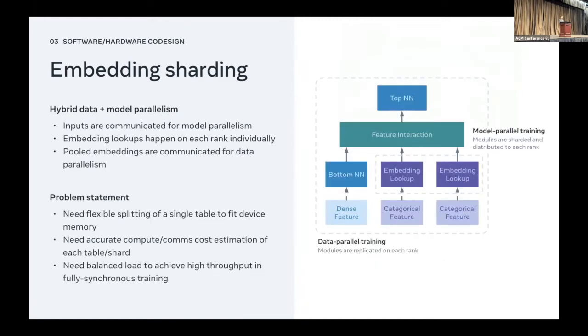Now, once we have the efficient embedding operations, we took a look at embedding sharding, because being able to distribute embeddings into each trainer in a balanced way is very critical to fully synchronous training. And also because we're doing hybrid data plus model parallelism training, we need two more communications: an all-to-all communication for the input and an all-to-all communication for the embedding lookup results.